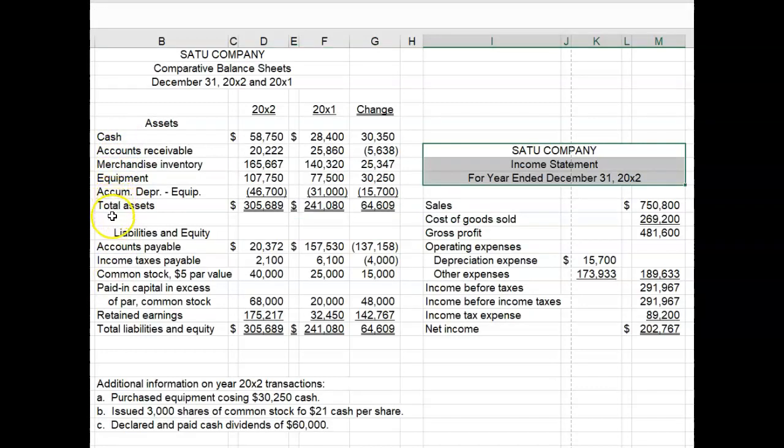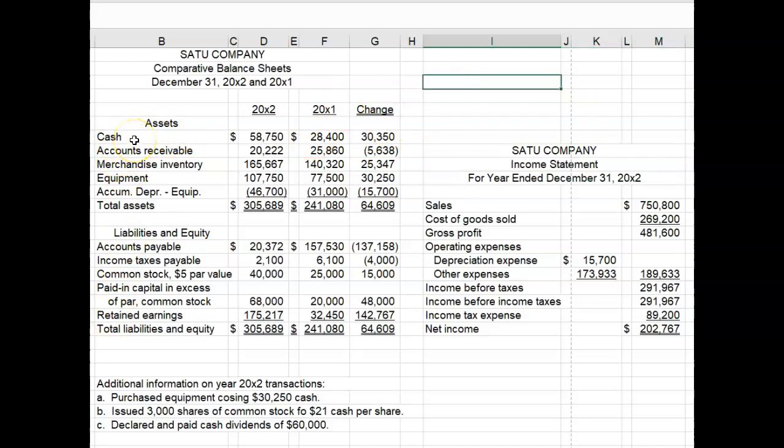Let's identify which assets here are current assets and which liabilities are current liabilities. Cash is certainly a current asset, but we don't put cash on our statement of cash flows because the whole purpose of the statement of cash flows is to calculate the change in cash, and that happens at the bottom of the cash flow statement. So we're going to ignore cash for right now.